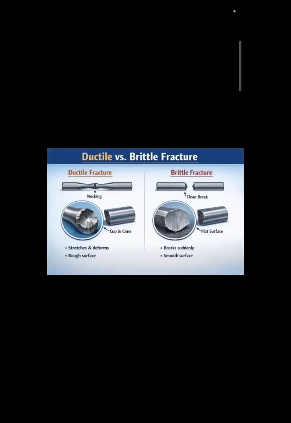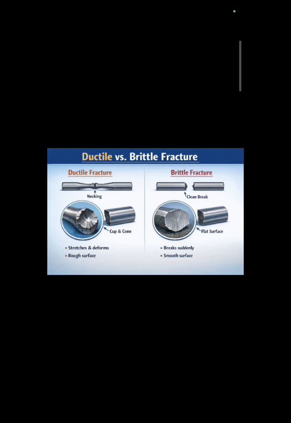Simple comparison between ductile and brittle materials. Ductile materials stretch a lot, show necking, absorb more energy before fracture, and fail gradually. They have a rough surface and show a cup and cone shape.